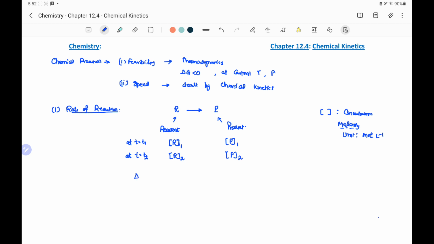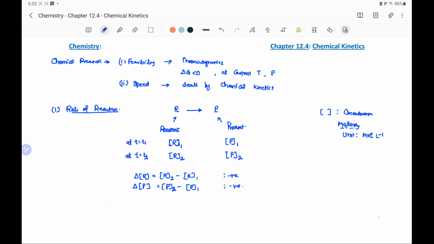So the change in concentration of the reactant will be equal to the final concentration minus the initial concentration, and for the reactant this will be a negative value. Similarly, the change in the concentration of the product will be equal to the final concentration of product minus the initial concentration of the product, and this value will be positive.